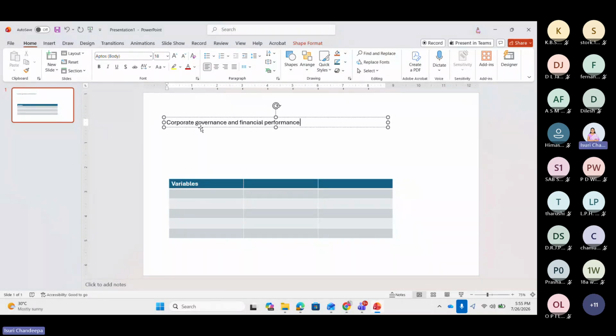Corporate governance is my concept, or the main independent variable.